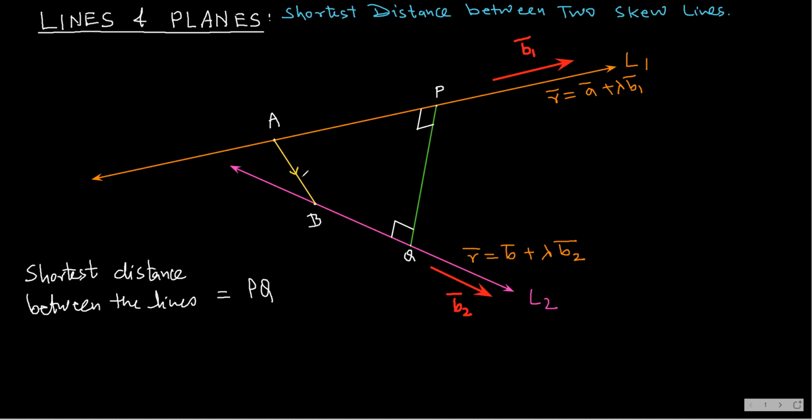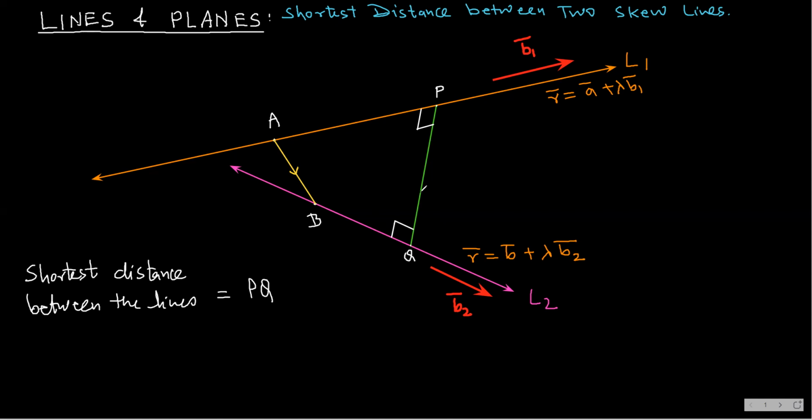I repeat again. If you want to get the shortest distance PQ, you will have to project one vector on another vector, that is, project vector AB bar on a vector which is parallel to PQ.